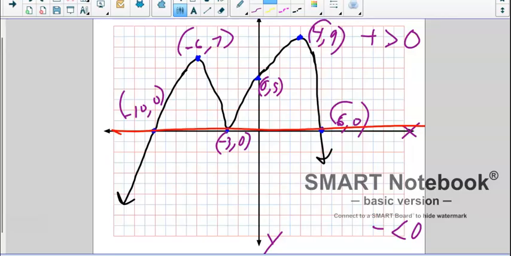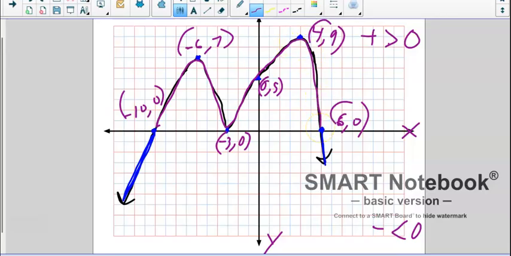We know that from our quadrants. So if we wanted to see where this function was positive and where it was negative, we could say it's negative here and here, and it's positive everything above the axis.